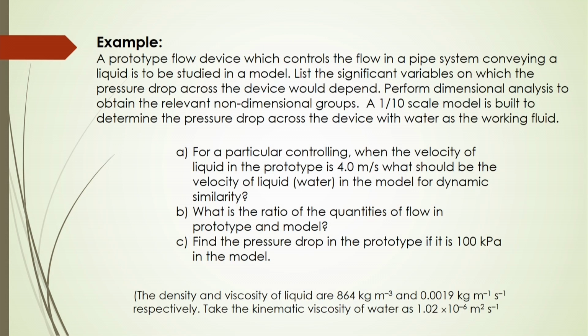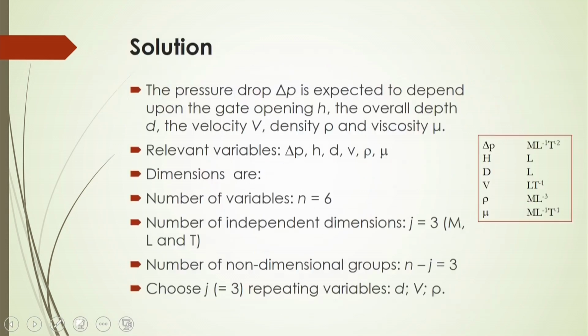The density and the viscosity of the liquid are to be considered as 864 kg per meter cube and 0.0019 kg per meter per second respectively, and the kinematic viscosity of the water is to be considered 1.02 into 10 to the power minus 6 meter square per second. So, based on this problem we have to analyze and find out the velocity of the liquid.